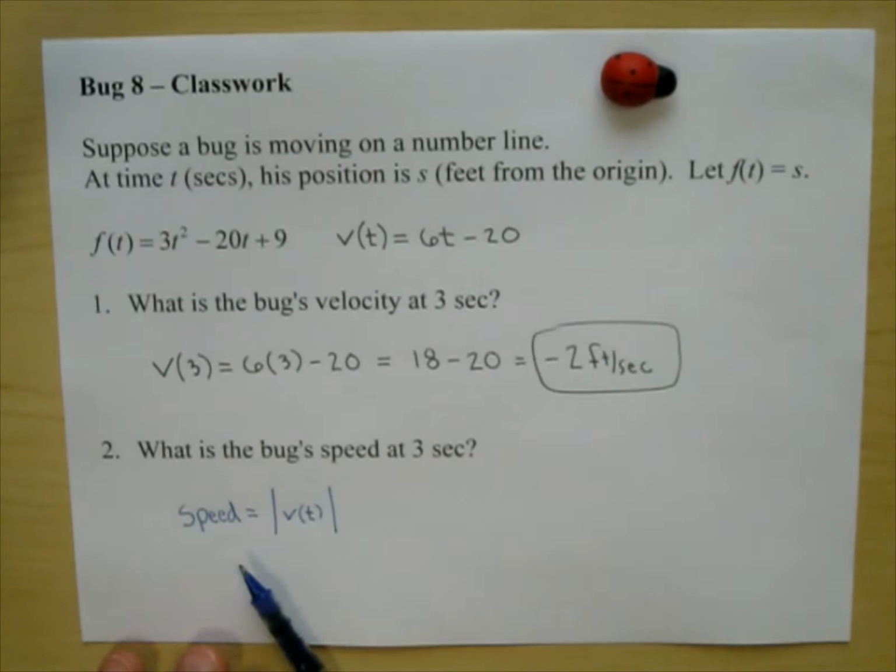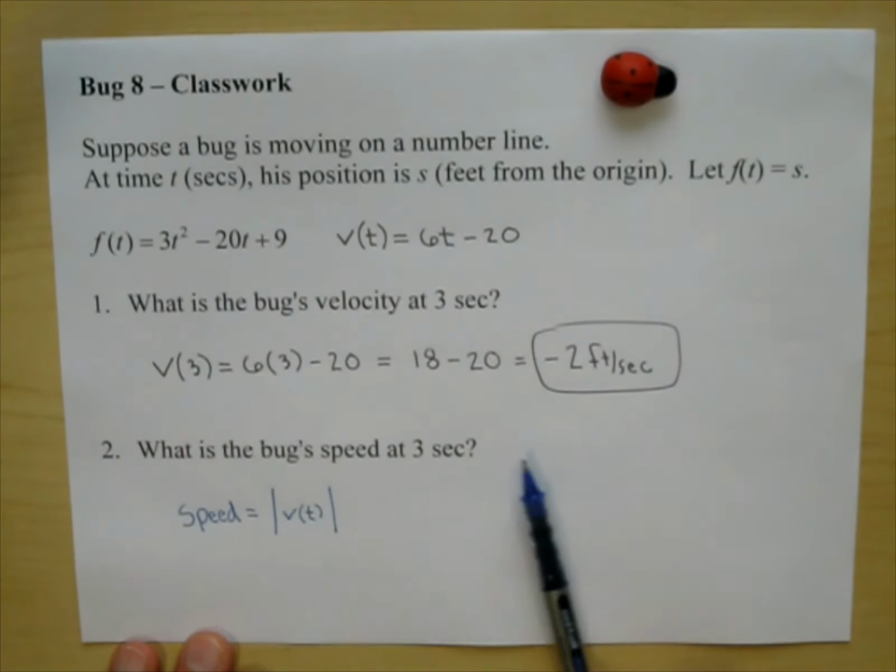Now this is on a number line. Once the bug starts moving, perhaps like on a plane or on a piece of paper, this is going to get a little bit more complicated, and we do not do that in this class.